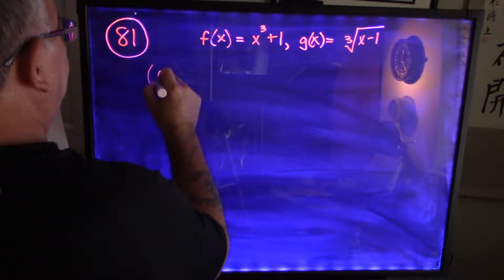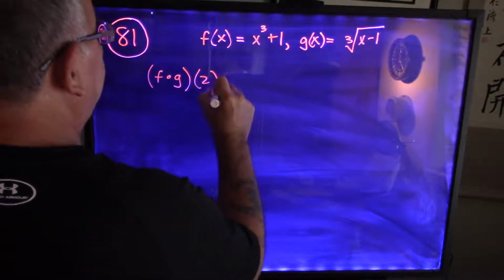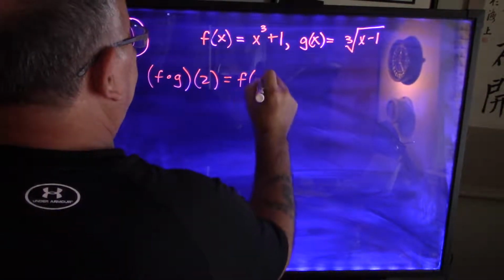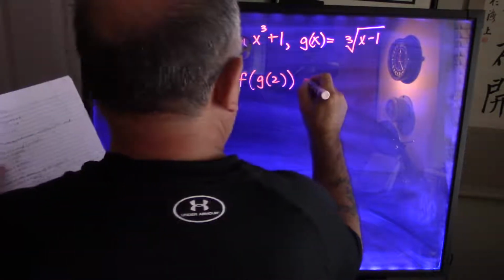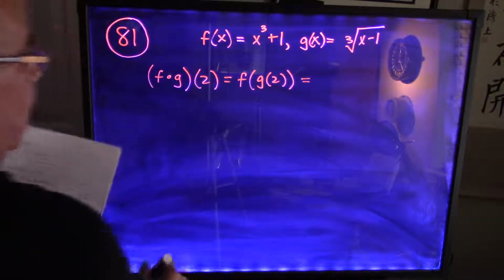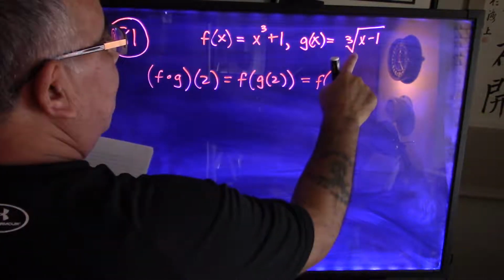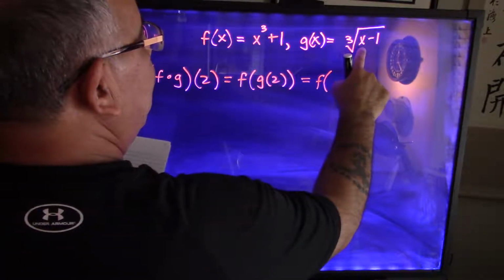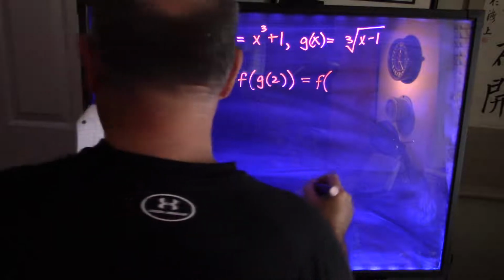So f composed with g of 2 is f of g of 2. Okay. So what's g of 2? Plug in x equals 2 here. 2 minus 1 is 1, so it's the cube root of 1, which is 1.